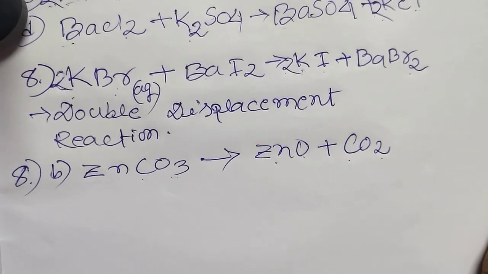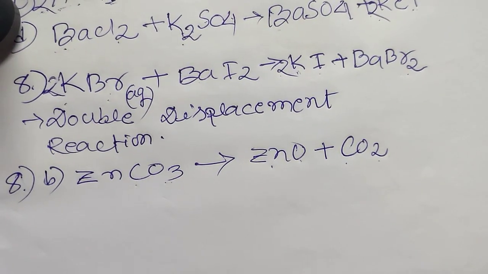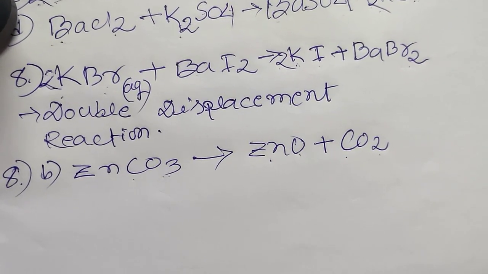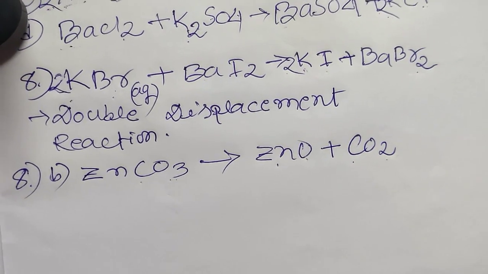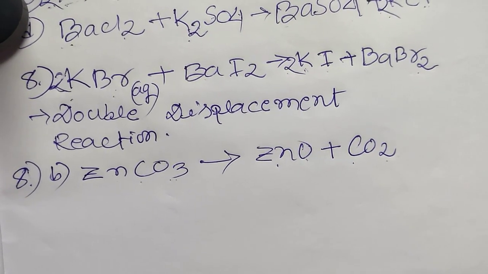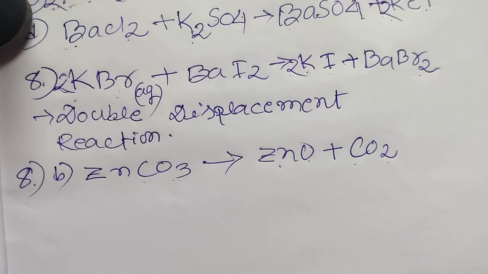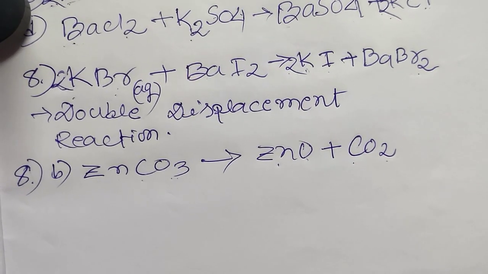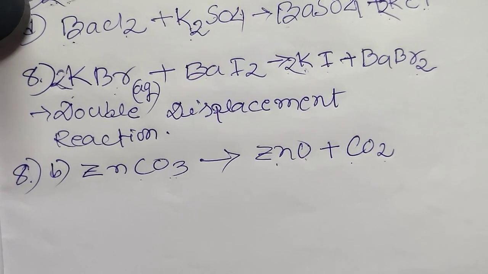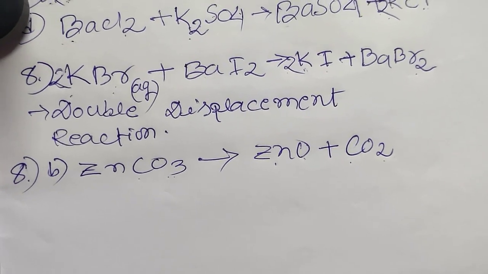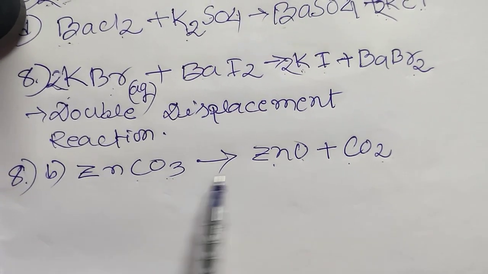I have also mentioned that some chemical reactions are already balanced, so you need not put any digits on that reaction, because if you put any digits, your balancing will be incorrect and you will not have the right answer. That is why first count the number of atoms on each side.